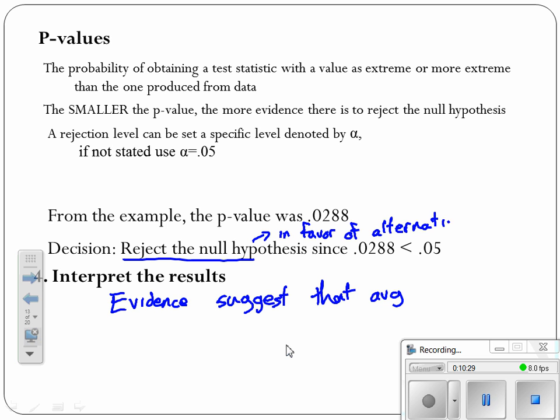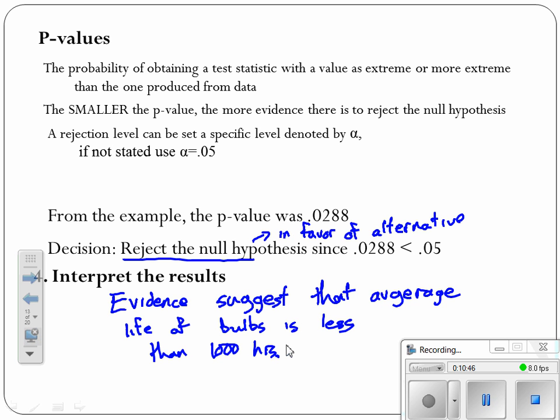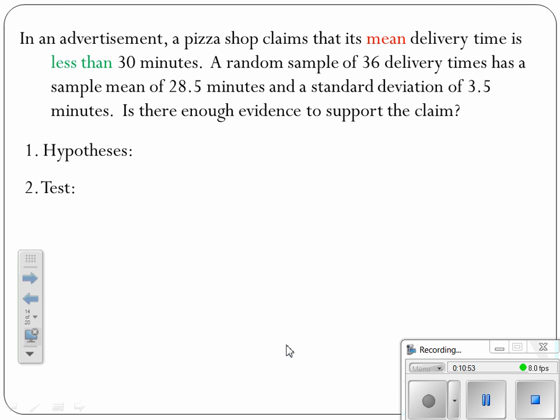And so for us, that means that evidence suggesting that the average life of the bulbs is less than 1,000 hours. We're not going to claim that we have a new life. We just know that our evidence suggests that theirs is wrong.